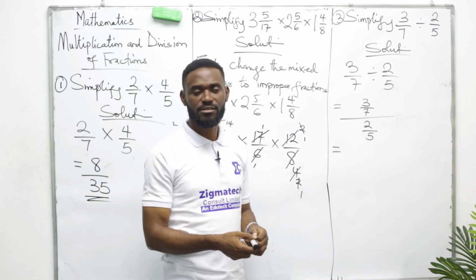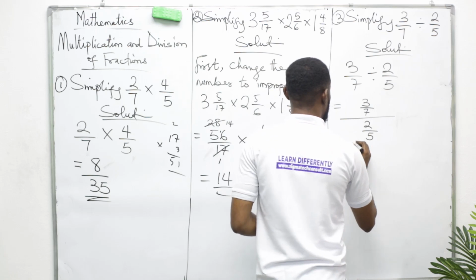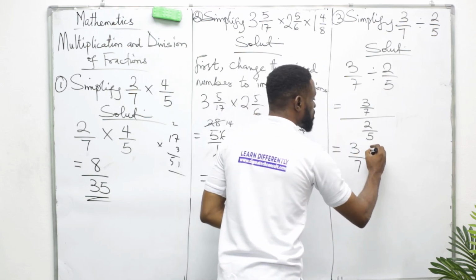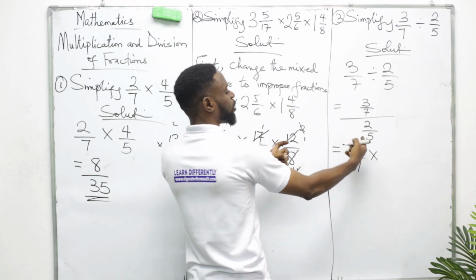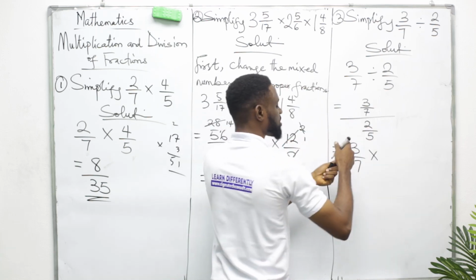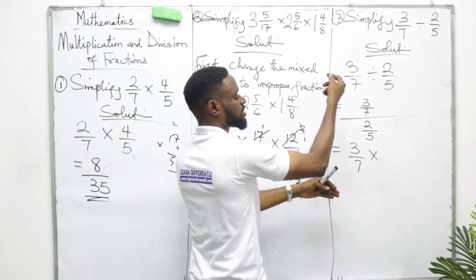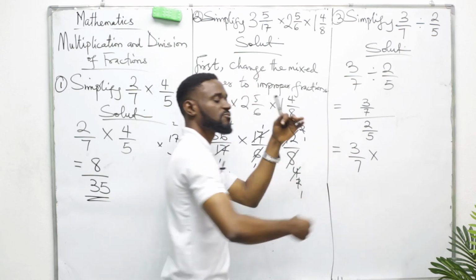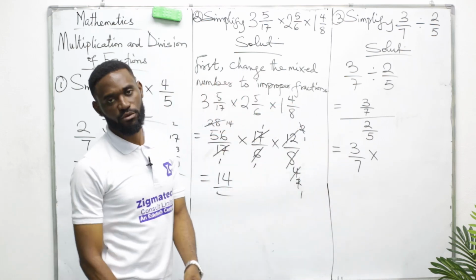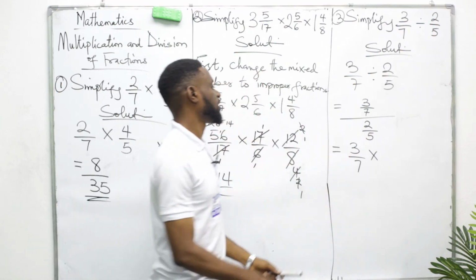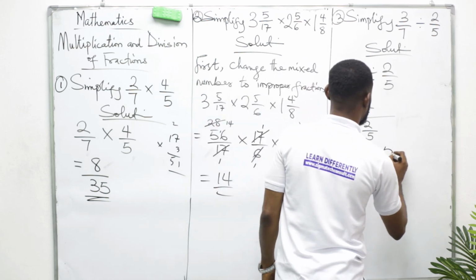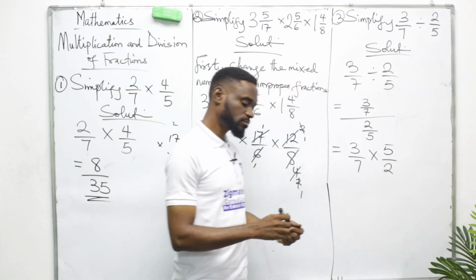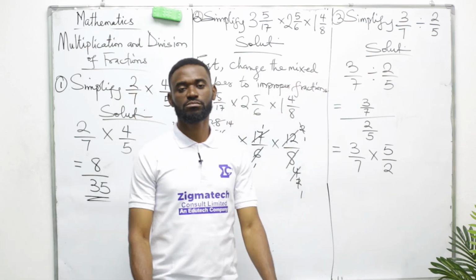So this means 3 over 7, this division now has changed to multiplication. Why? Because the reciprocal of this is 2 goes down, 5 goes up. So that means 5 over 2.